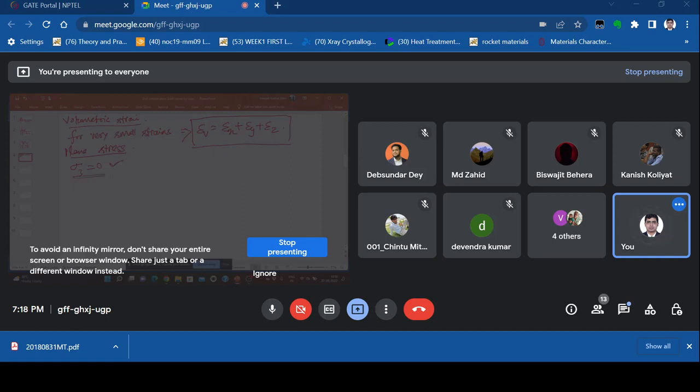So there also this plane stress condition is applicable. If we put sigma 3 equal to 0 in this xyz form, also we can write this as epsilon 1, epsilon 2, epsilon 3, sigma 1, sigma 2, sigma 3. So I will put this sigma z or sigma 3 equal to 0.